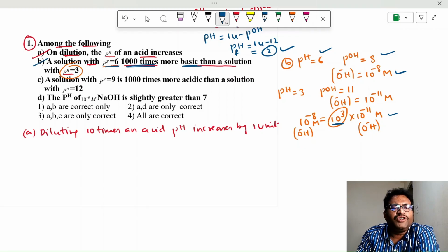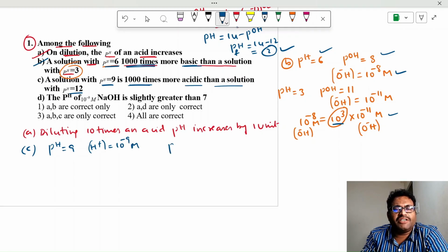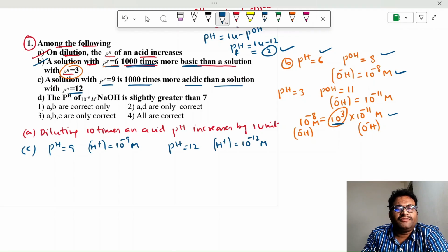It is also correct. A solution with pH equal to 9 is 1000 times more acidic than a solution with pH equal to 12. Is it correct? Option C, let us see. pH equal to 9 means H plus ion concentration is 10 power minus 9 molar. Another pH is given, pH equal to 12. H plus ion concentration is 10 power minus 12 molar. So compare these two H plus ion concentrations.